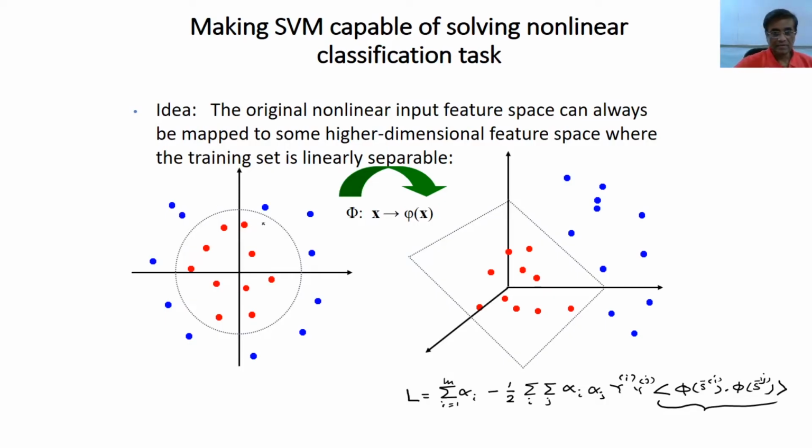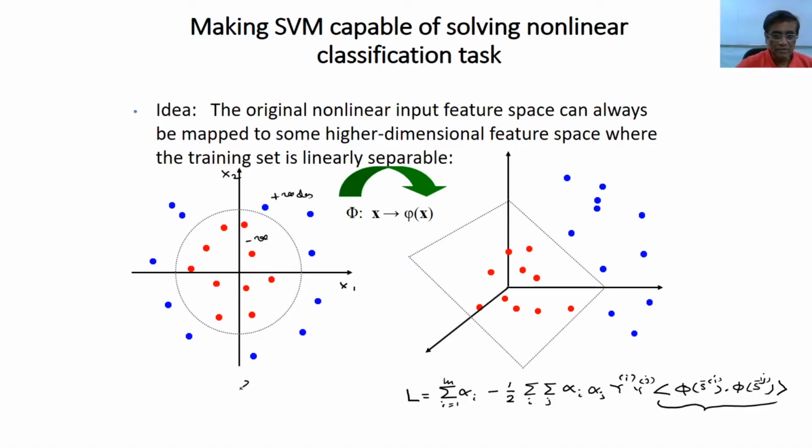Here is a visual, these are your one class, say a negative class, and these are, say, your positive class. So definitely in this 2D, they are not separable. Then the idea is, can we go to a higher dimensional feature space?